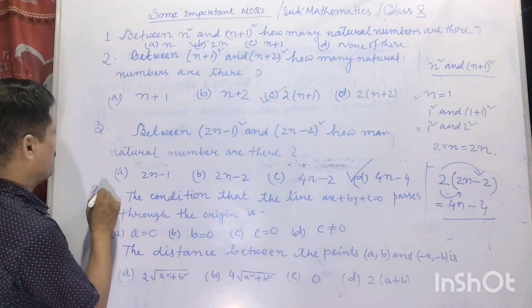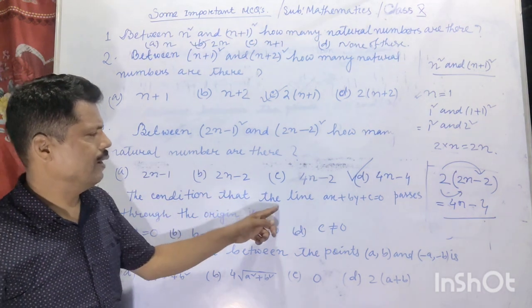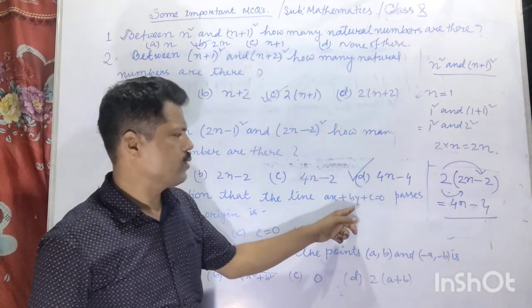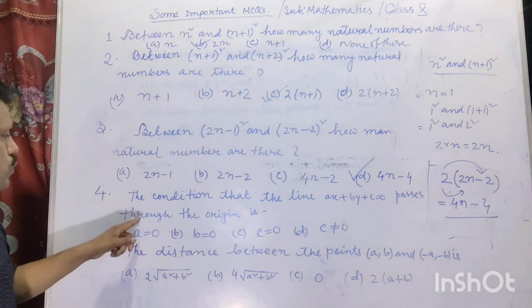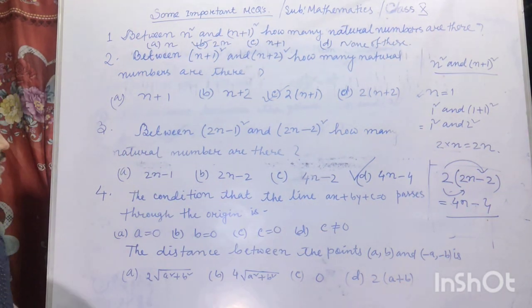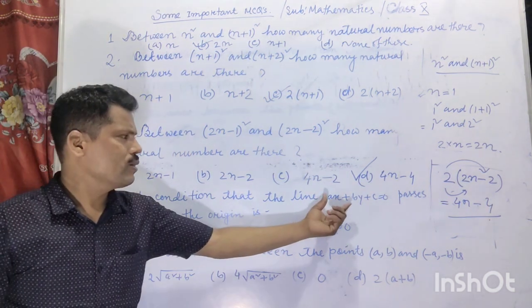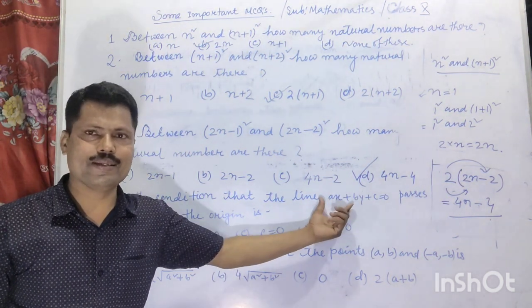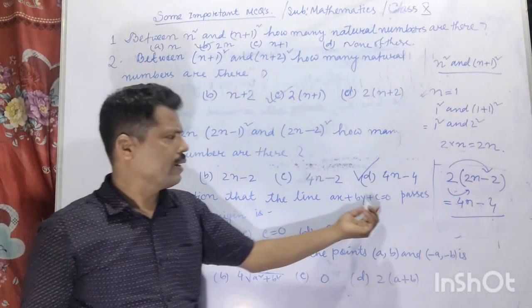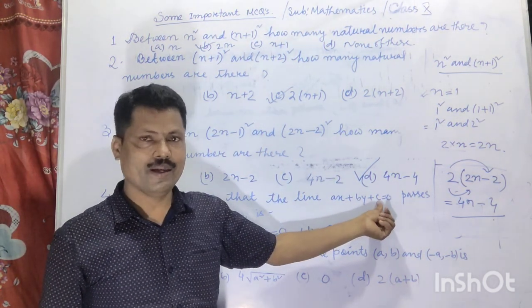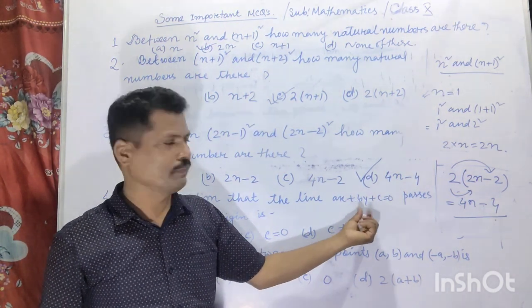Next one, number 4. The condition that the line ax plus by plus c equals 0 passes through the origin is, which condition will be the correct one? If the line ax plus by plus c equals 0 passes through the origin, then if the constant value c is 0, it will be ax plus by equals 0.